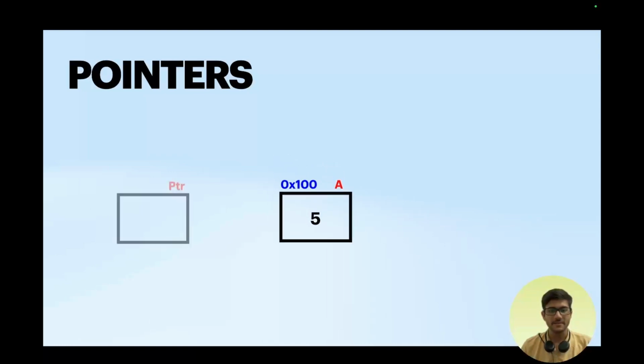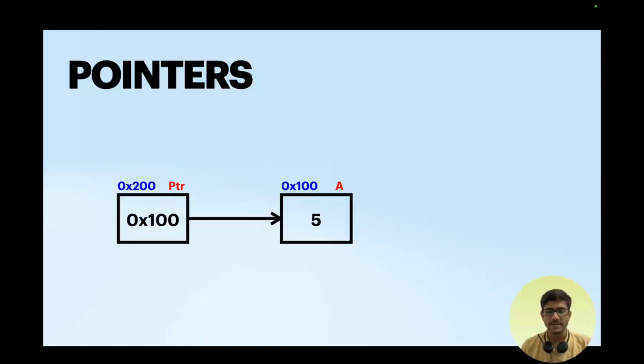And let's say we have another variable which is named ptr, and let's say it has address 200. Now if we want to create a pointer which will point to a, then all we have to do is store the address of a inside the pointer variable. So the address of a is 100. If we store that in the pointer variable, then this pointer variable will start pointing to a. And we can manipulate the data that is inside a via this pointer as well.